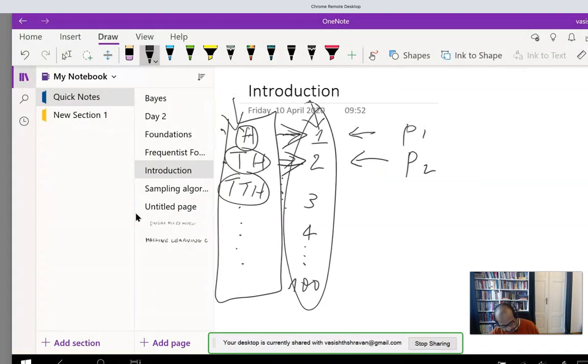So these are the range of possible values we can get all the way to infinity. There's a range of possible values we can get in this experiment, right? We may have to toss the coin once to get a heads, twice, and so on. So this is called the support of X, of the random variable X.